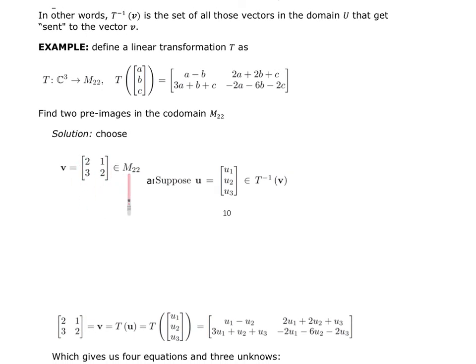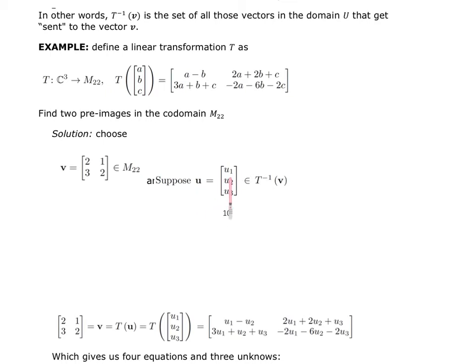This is obviously a 2 by 2 matrix, and I want to figure out if there is any kind of matrix or any kind of entries that are mapped to that. I just chose this 2 by 2 matrix for no reason other than it's a nice 2 by 2 matrix.